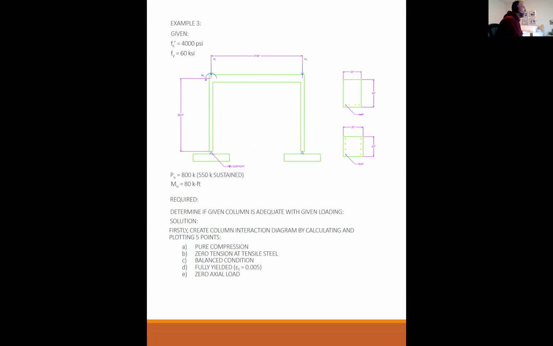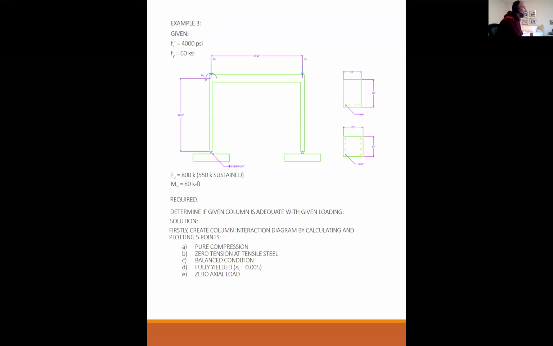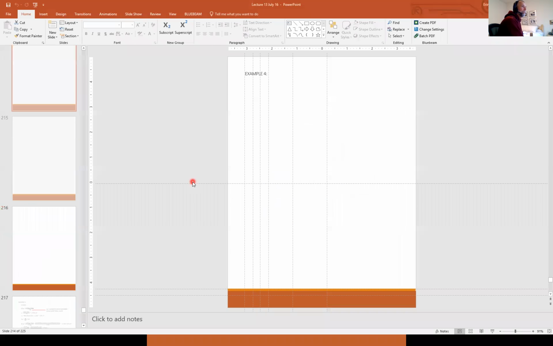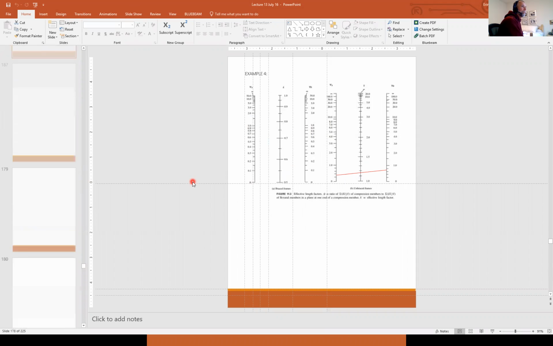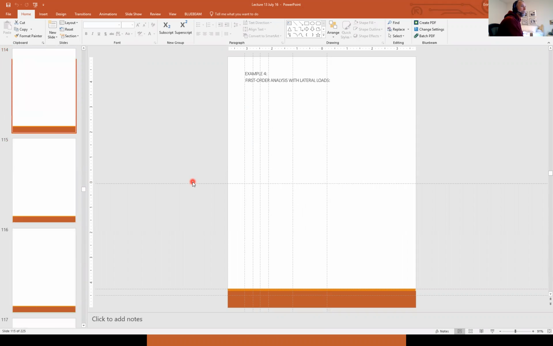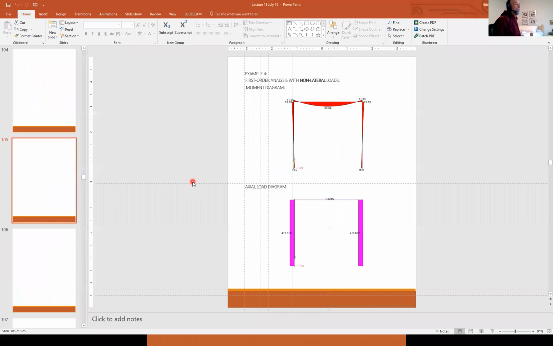Let's go back to this example. There's no way I'm going to ask you to do a column frame analysis and come up with your first order moments and shears and axial loads in a test situation.